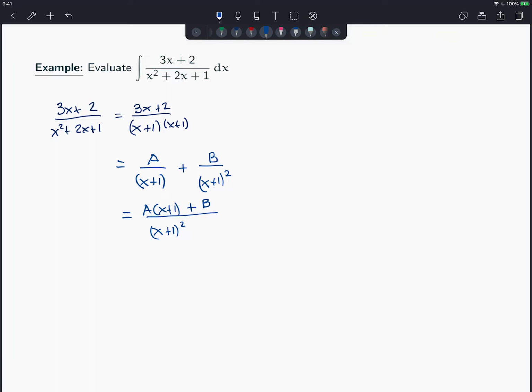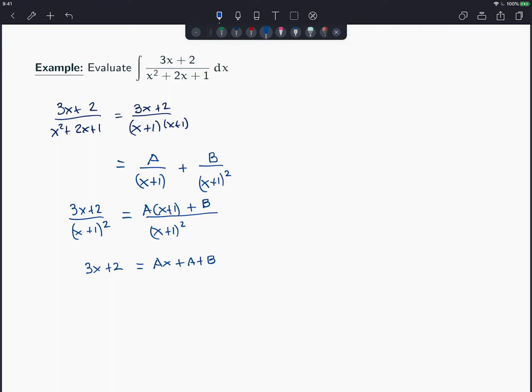That way, I would have gotten this. If by adding two terms like that I got my original expression, then that means that Ax plus A plus B was 3x plus 2.